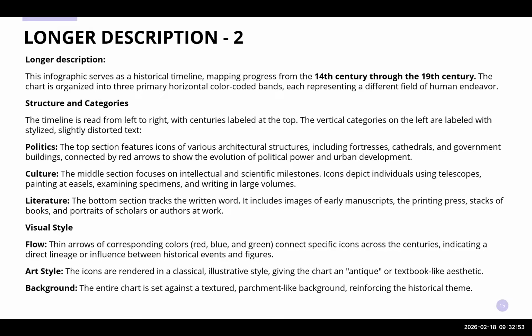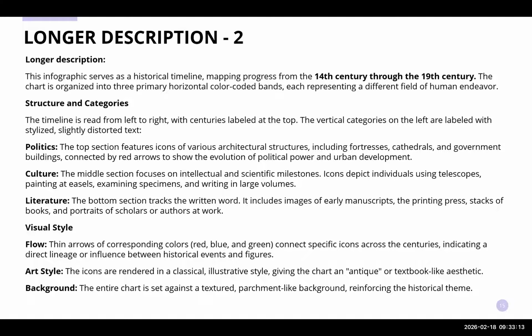Now, this helps the student who's using a screen reader build a mental grid before we even get into the details. Then we break it down by categories like politics, cultural, and literature instead of just listing dates.